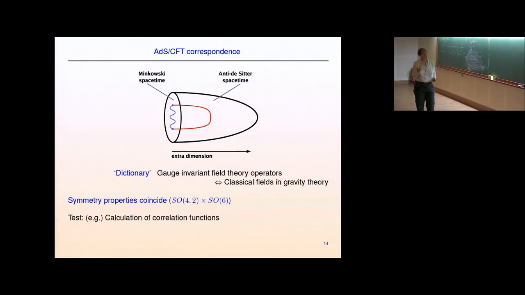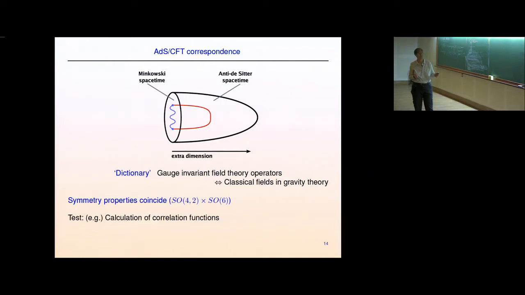Now, what AdS-CFT states is that you actually have a dictionary, a one-to-one map, in which gauge invariant field theory operators at the boundary are mapped to classical fields in the gravity theory. So this means, for instance, if you take 2 insertions of these operators here and there, then you can calculate the correlation functions quantum mechanically by studying Feynman diagrams.